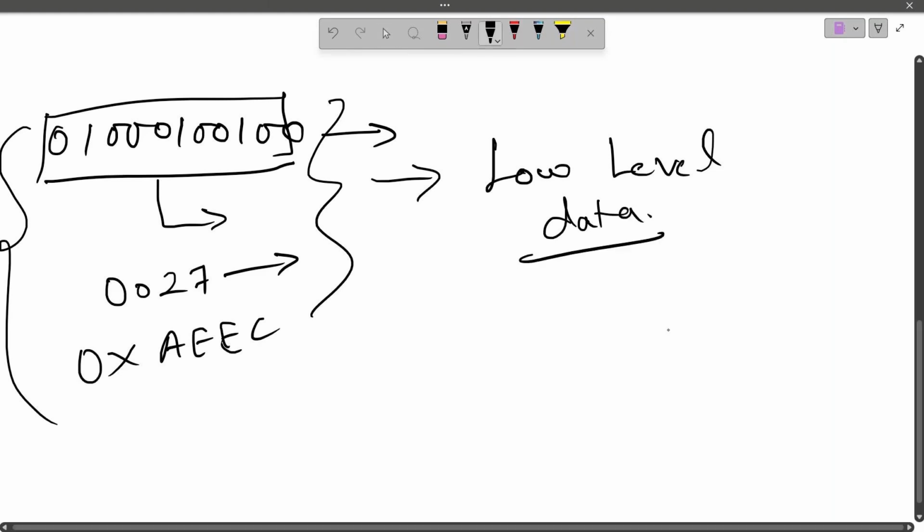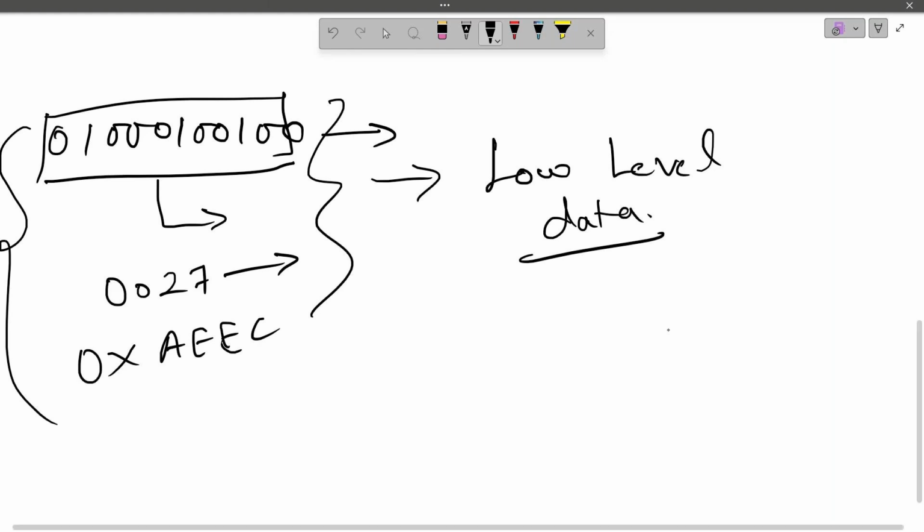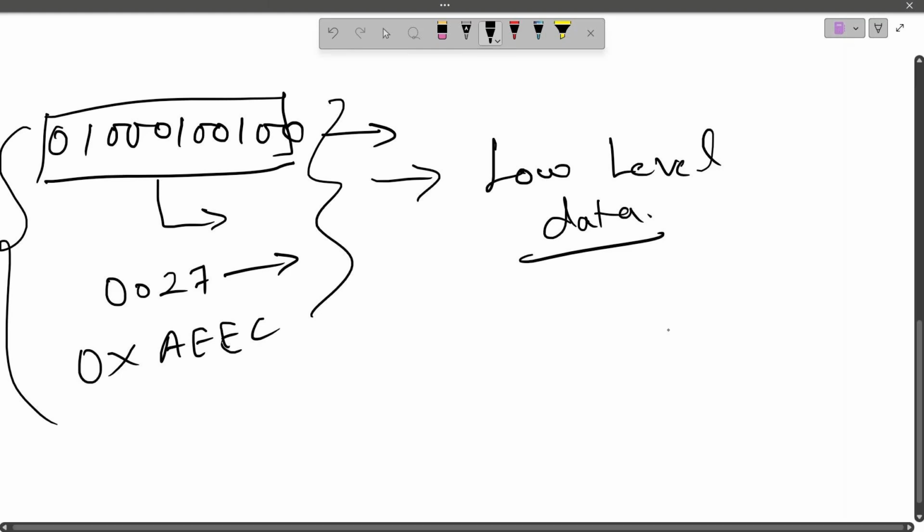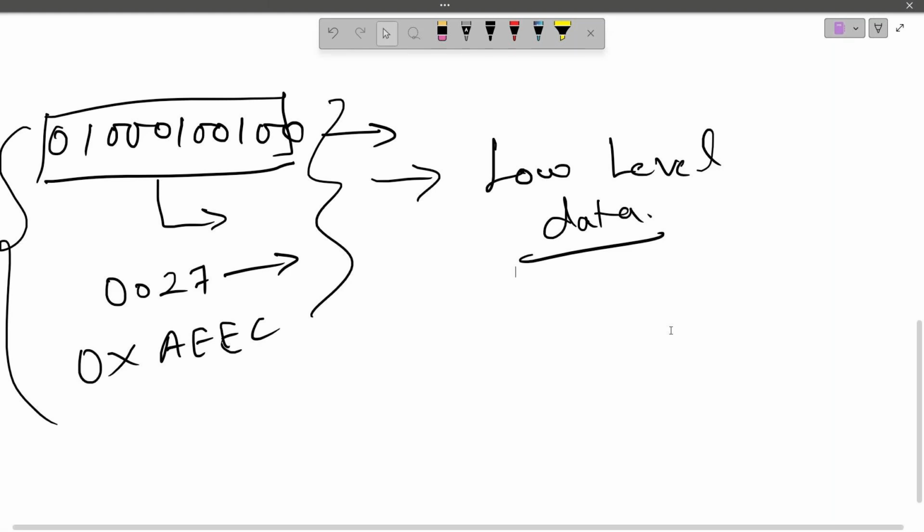Low level data, which cannot be understood by a human immediately. Yes, I can calculate it and I can understand it. But immediately we can't understand this type of data.